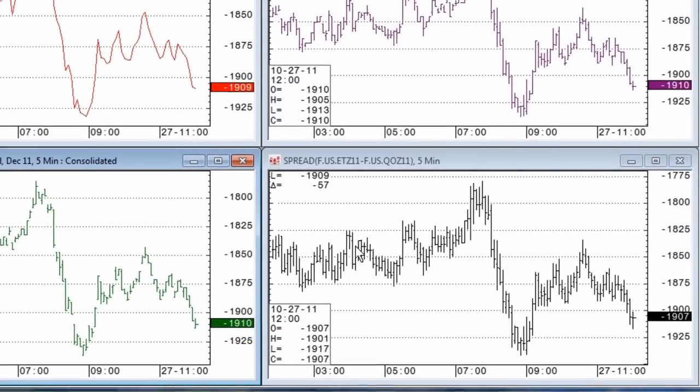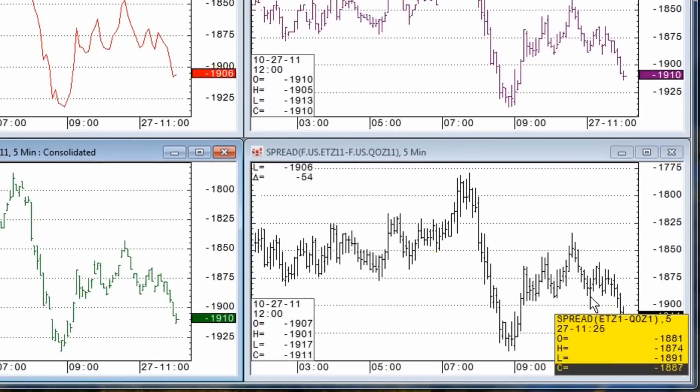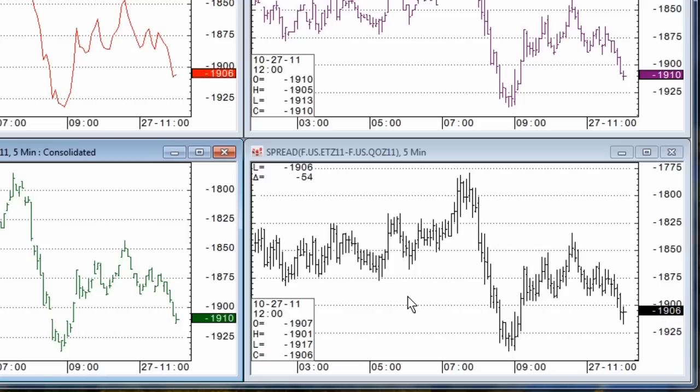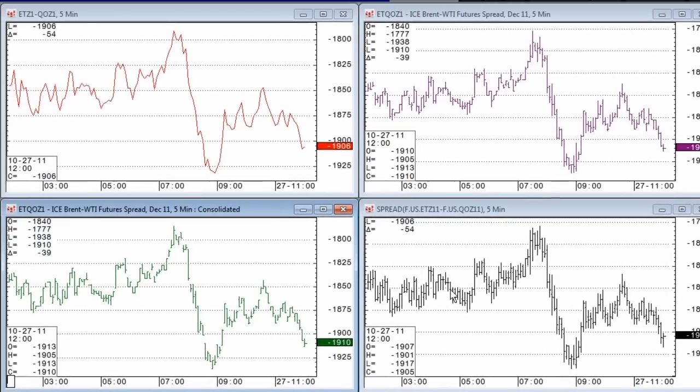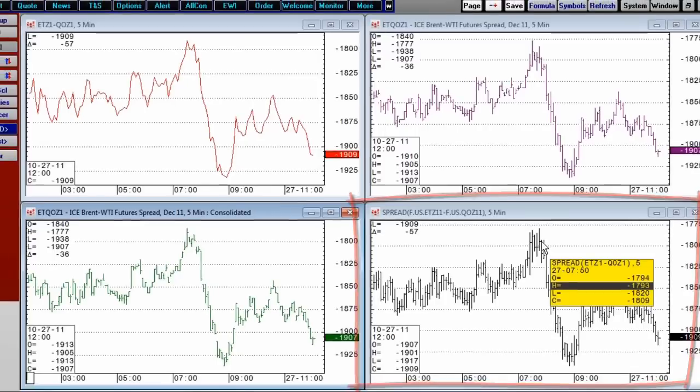This particular chart is a trade by trade spread of the WTI ICE versus Brent. Out of all four of the spreads, the one that has the most granular activity for backtesting or analytics is going to be the spread function chart, the last one we looked at.